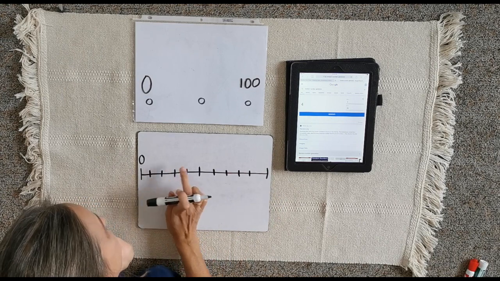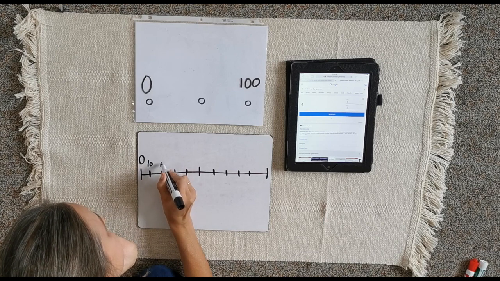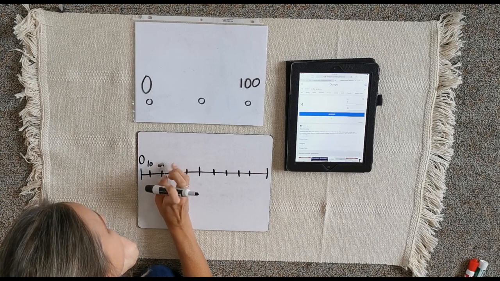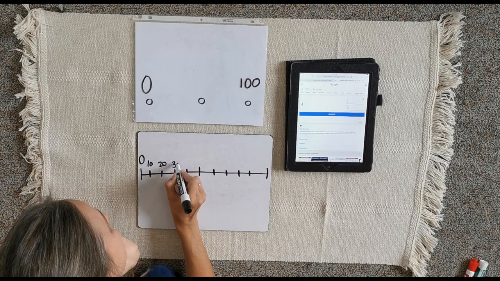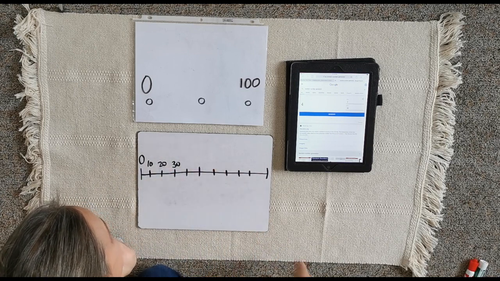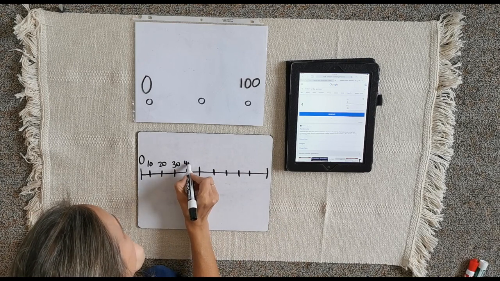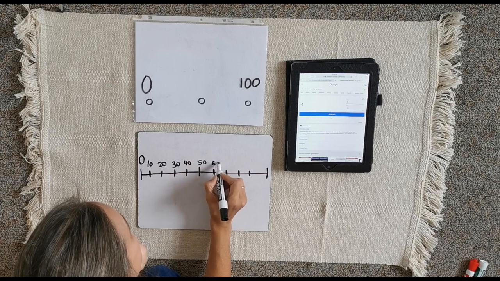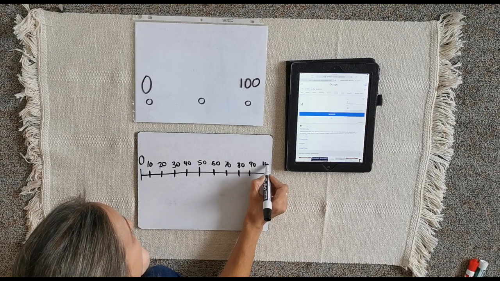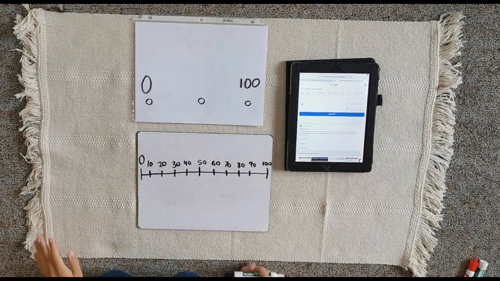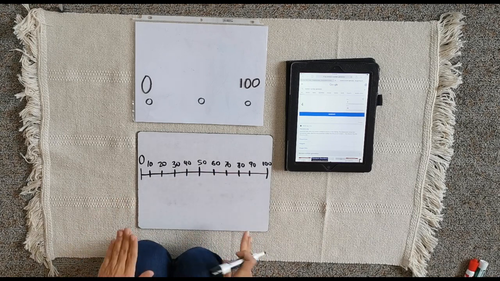But instead of 1, 2, 3, 4, 5, 6, 7, 8, 9, 10, I'm gonna do 10, 20, 30, like the song I put on Canvas last week. 10, 20, 30, 40, 50, 60, 70, 80, 90, 100. Count by tens. And we can use it the same way.